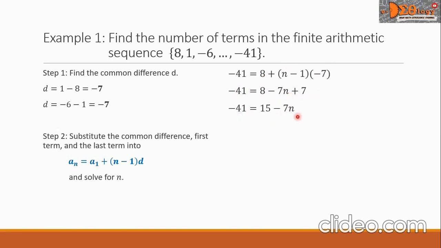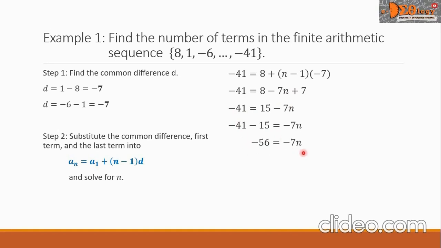Let us solve for n. First, this number 15 we will transpose to the left side. Of course, the sign must be changed. So we have negative 41 minus 15 equals the negative 7n. Combining these two numbers, we get negative 56 equals negative 7n.